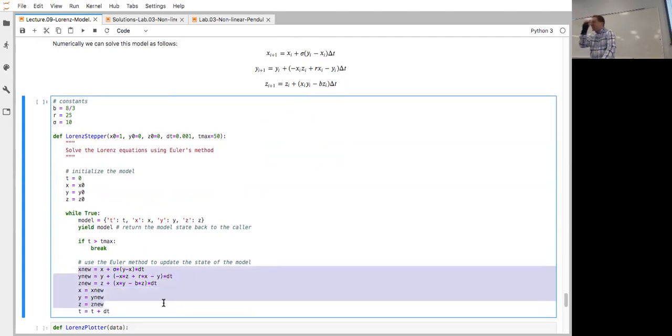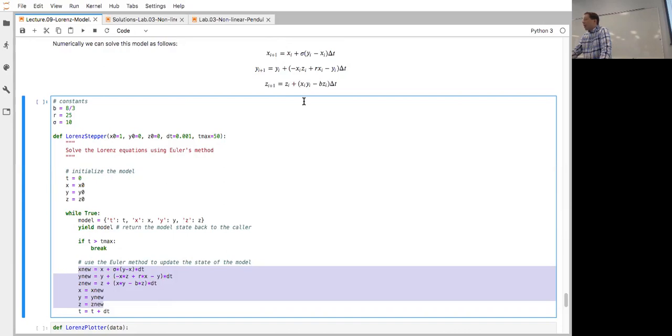Now, this is only slightly different than what you've seen before. Euler's model always has to have the new version of x, y, and z depend upon the old version of x, y, and z. Because these three equations are coupled, I can't update this variable right here with the same name, because I want to use the old value of x down here, and down here.